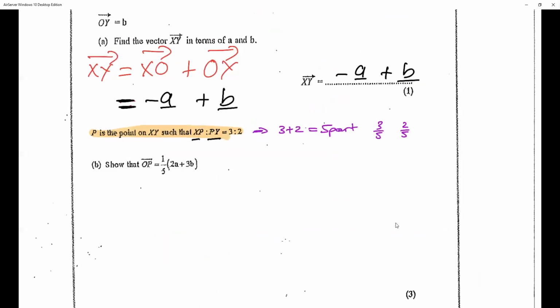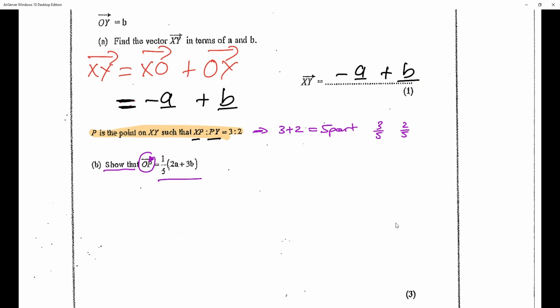Now it says show that O to P is equal to that. Now what I would say to you is this. If they were just to change the question and just say work out O to P, that's the same type of question. They want to show that O to P is equal to something. Basically, they're saying here is work out O to P. So I'm going to get rid of all this, what I've done now.